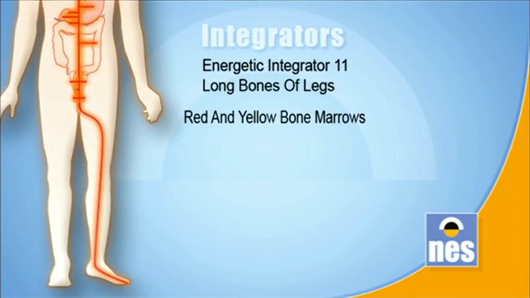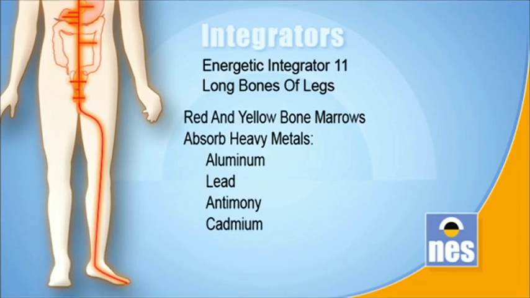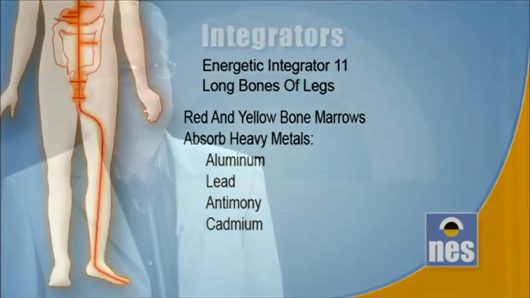The long bones are known to absorb heavy metals. Aluminium, which is also pronounced aluminum, and we've got lead, antimony, and cadmium. Interesting. The long bones are there to make the cells for the immune system.